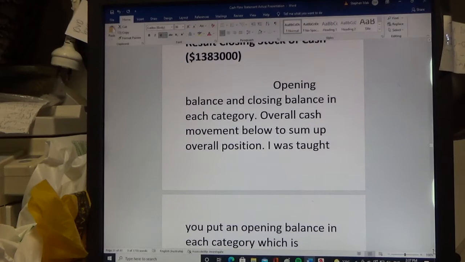You add them all up, add that to opening stock of cash at the top of the cash flow statement if there is one, and you get the net movement of cash, the total movement of cash for the corporate entity for the year.